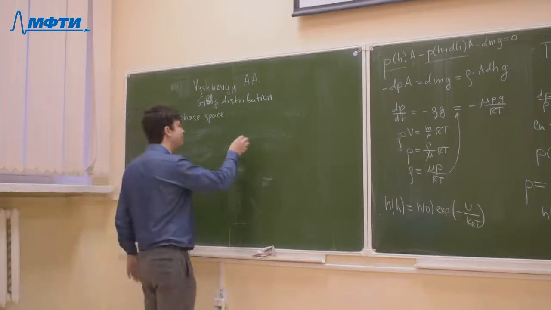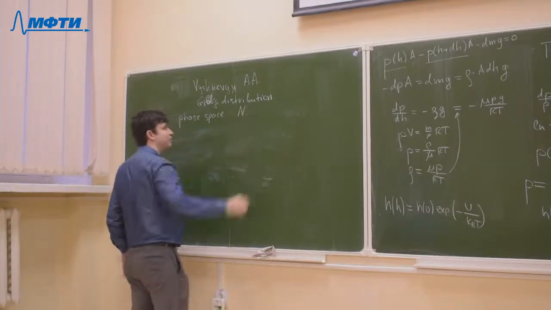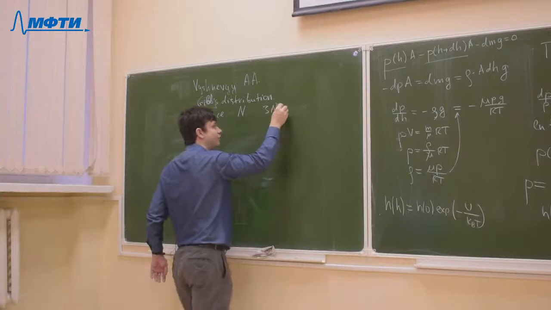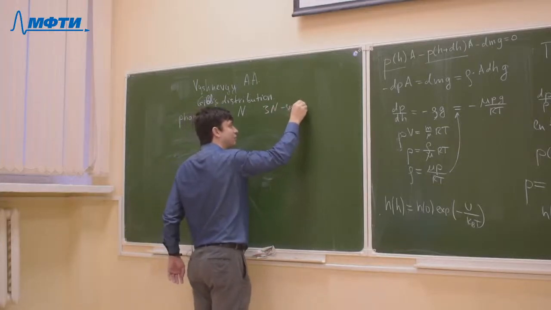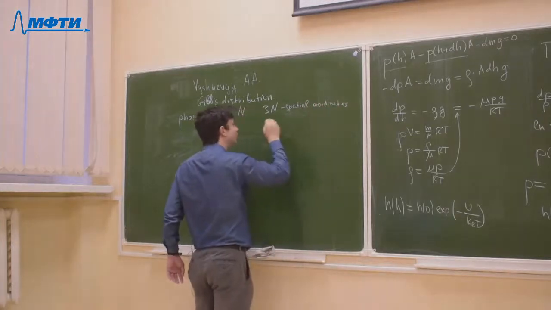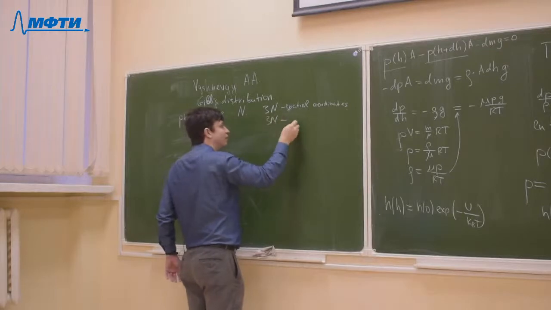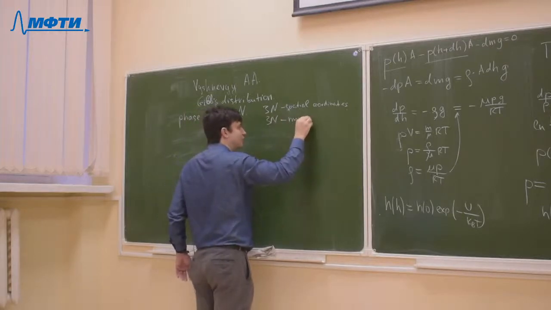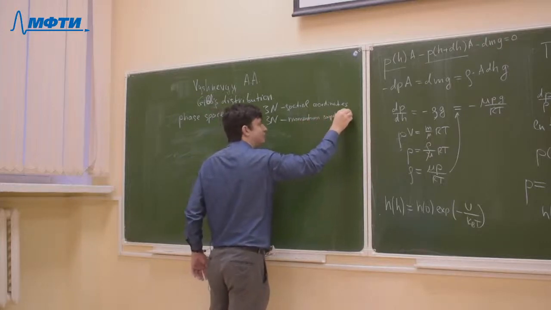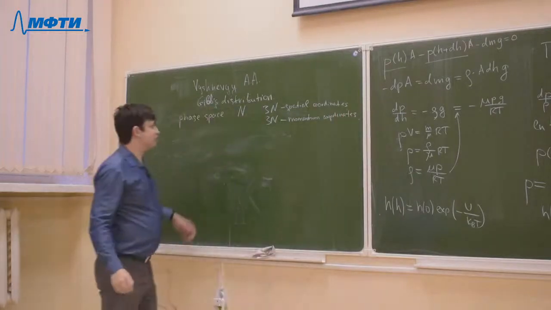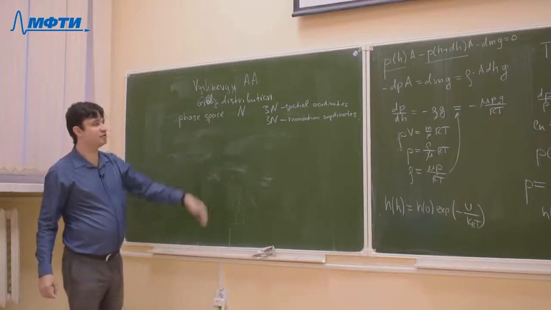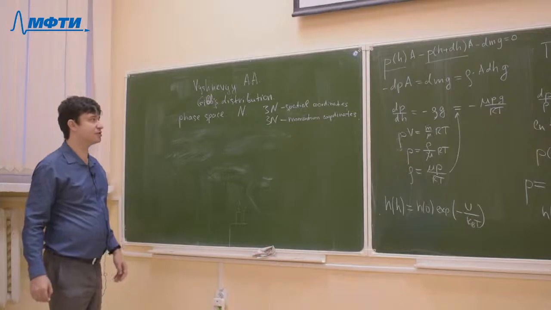So you can say that if you have n molecules, then your phase space contains 3n spatial coordinates and 3n momentum coordinates.